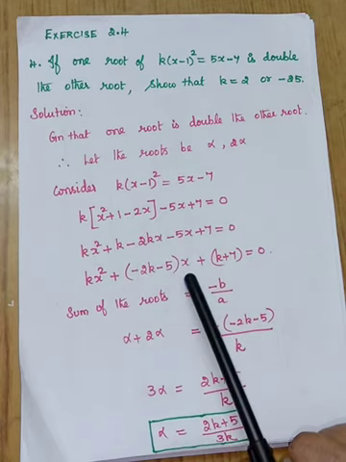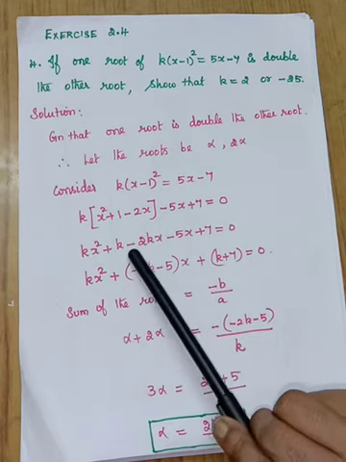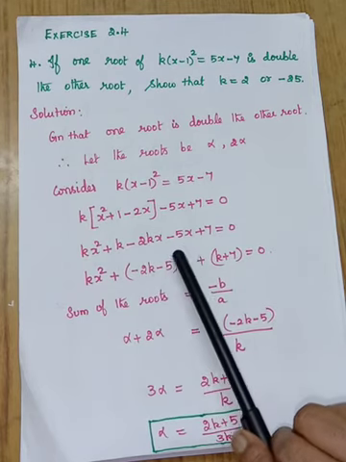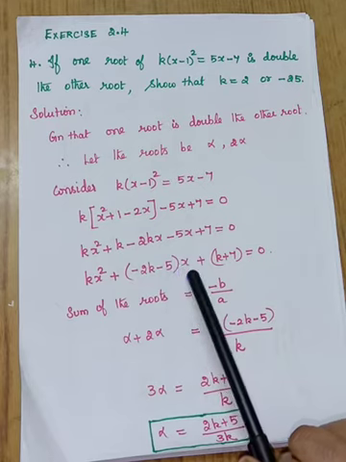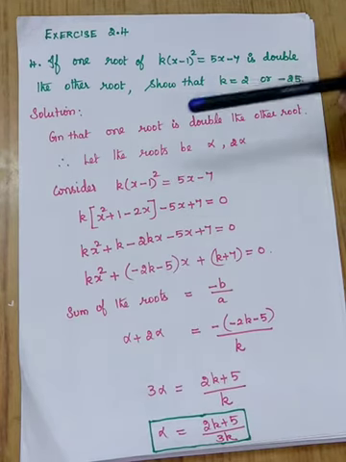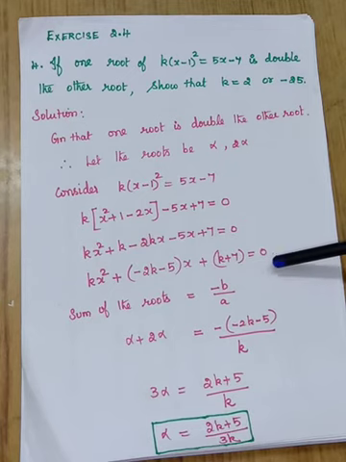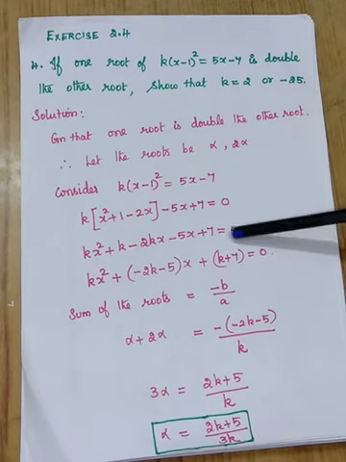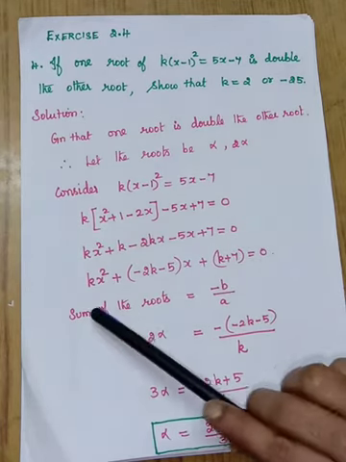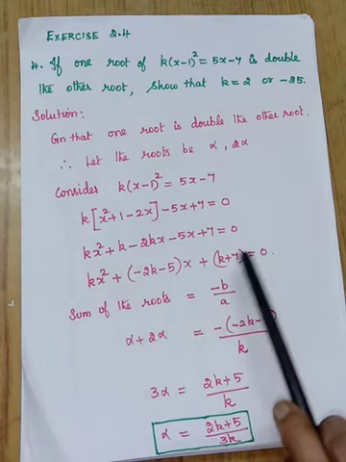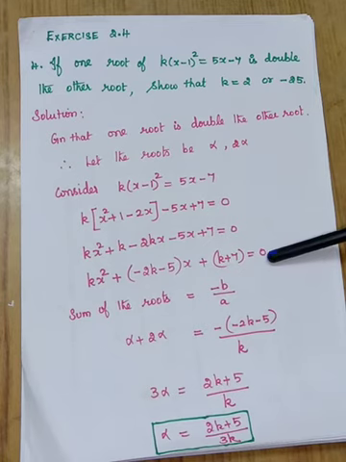If you take x out, what is remaining? Minus 2k, and here minus 5, into x. The constant is k + 7, so k + 7 = 0. See that it is in the form of ax² + bx + c, so it is a quadratic equation.